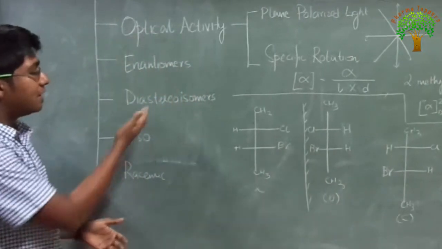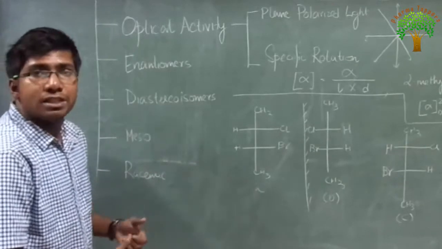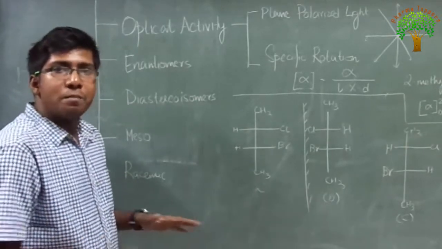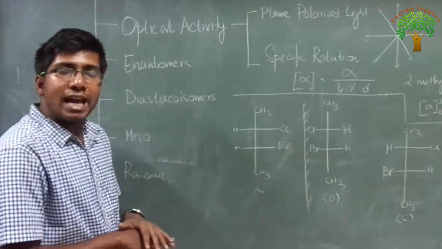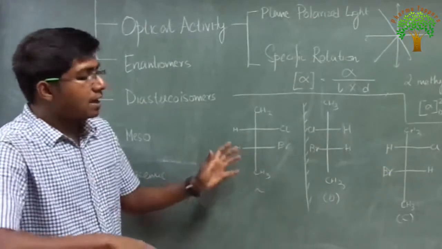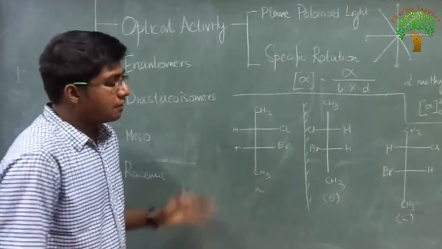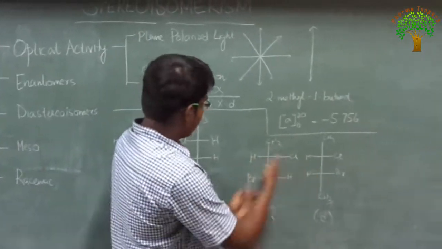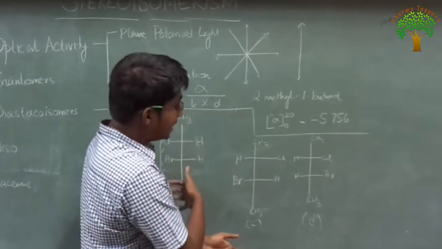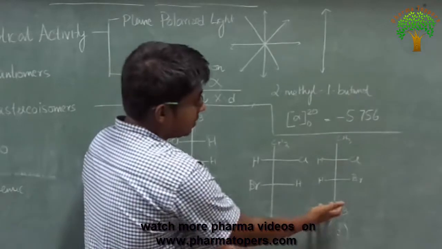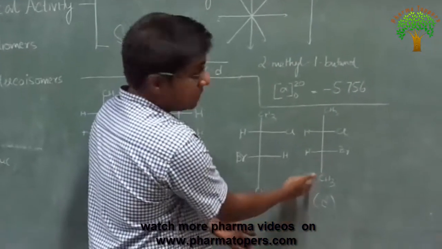The next topic is diastereomers. A very simple one-line definition: they are non-mirror images. They do not exhibit any mirror image relationship. These are compounds having the same structural and molecular formula, but they are non-mirror images. A simple example is the similar set of compounds that we took earlier, with Cl and Br on this. This is another compound with the same structural formula.